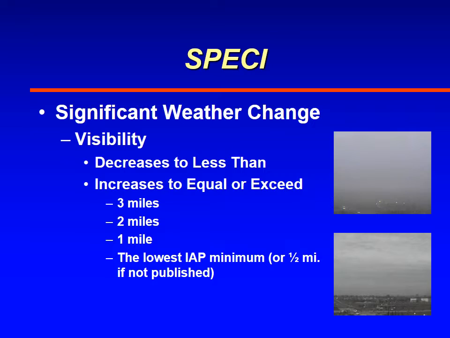Typically, for most airports that have an ILS or instrument landing system, that's a half mile. So most places you just need to know 3, 2, 1 and 1/2 mile. So if the visibility drops below 3 miles, below 2, below 1, or below a half mile, special observations need to be made. And when it goes up to equal or exceed 1/2, 1, 2, or 3, special observations need to be made.